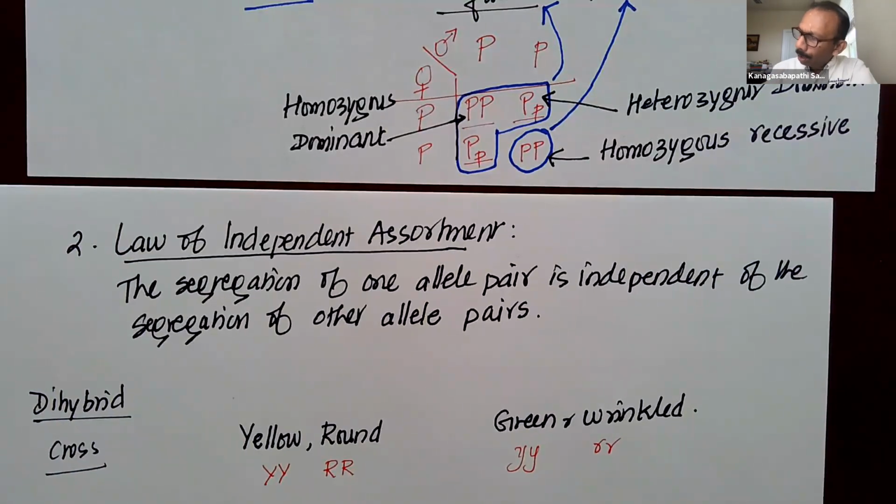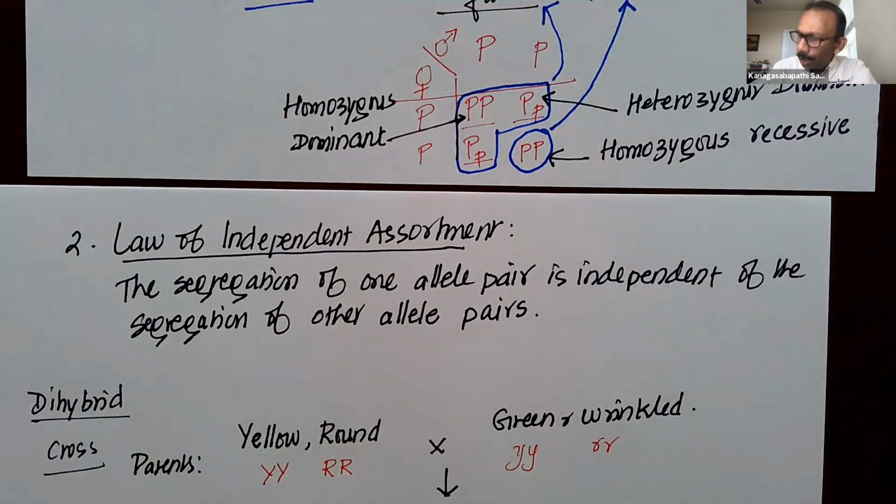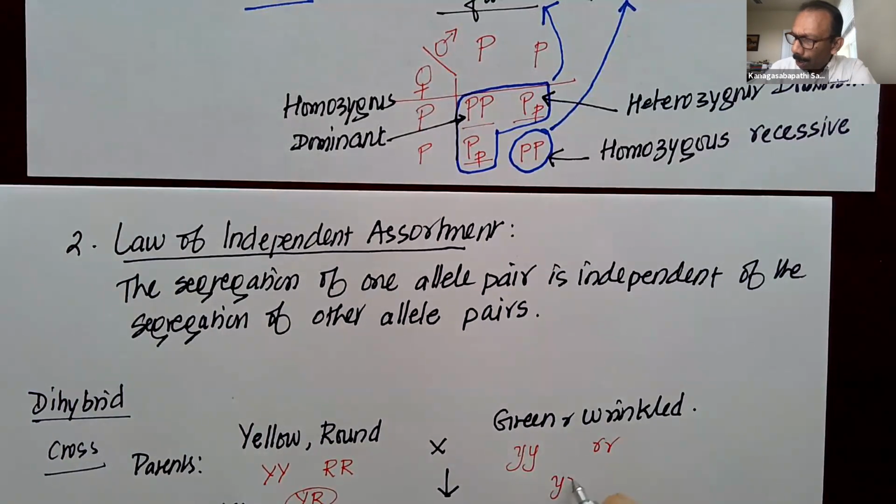So when he crossed these two, as you expect, the parental generation is homozygous, and the gametes they form are going to be YR from one parent, and yr from the other.